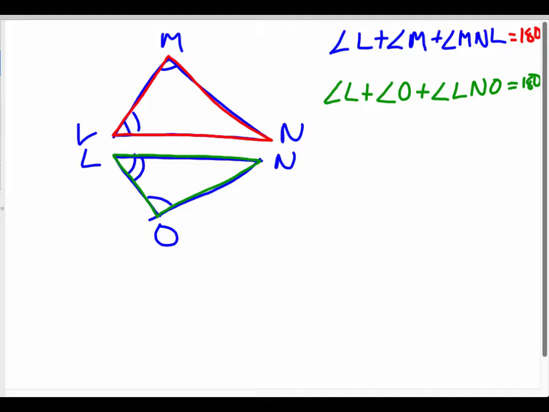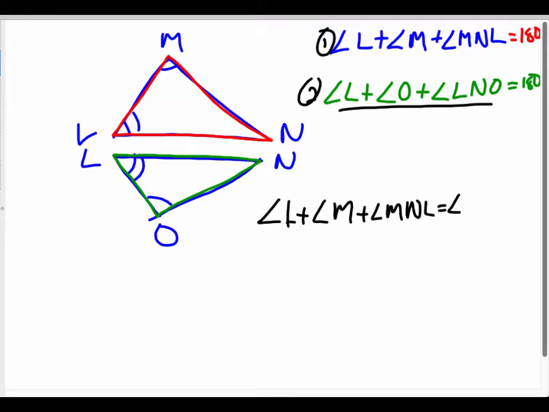Well, this would be like the first one, and this one, I can say that angle L plus angle M plus angle MNL is equal to 180, but that's also equal to this, right? Angle L plus angle O plus angle LNO. Right?